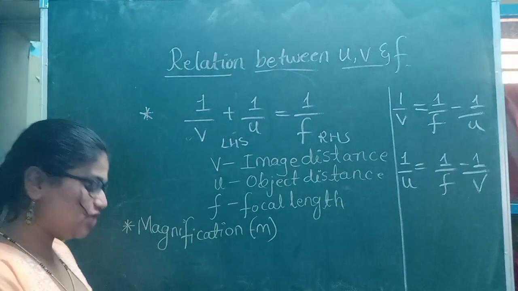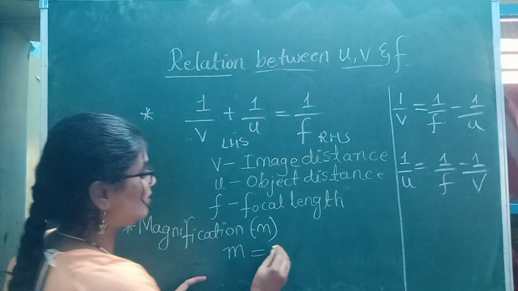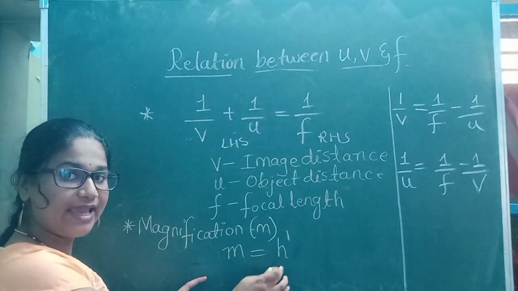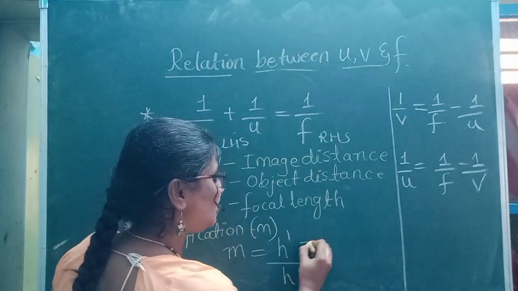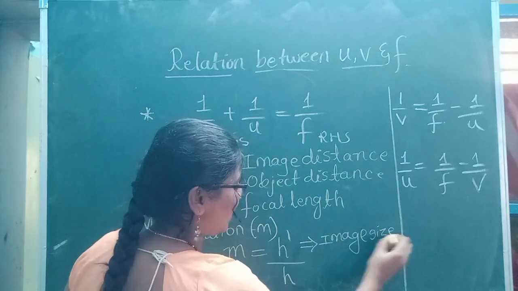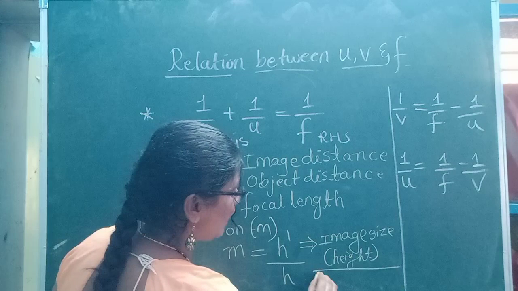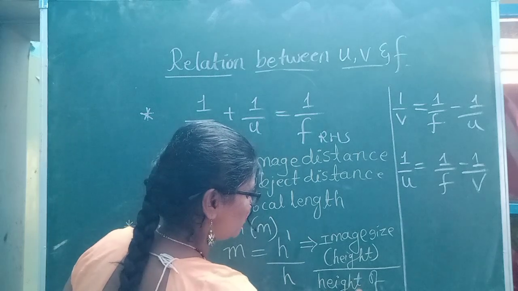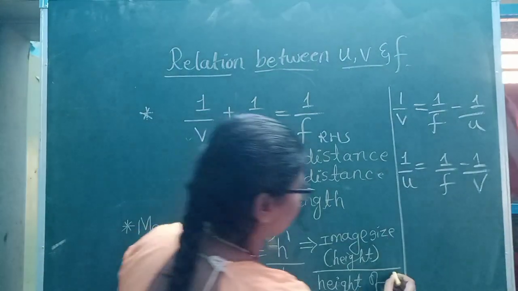To find the magnification, we have one more formula: the magnification is given by the ratio between the height of an image, denoted by small letter h dash, divided by small letter h. h dash represents the height of an image, and h represents the height of an object.